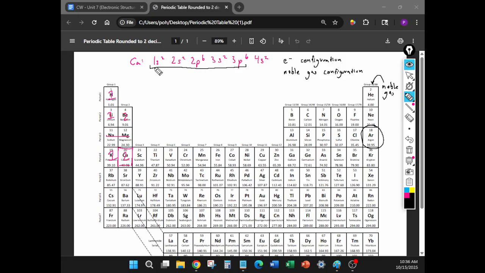So instead of writing all of that, what we can do instead is we just put brackets and write Ar for argon. And the only part that's unique to calcium is the 4s2. So we just write 4s2. Okay, so a lot easier, right? Way less writing. You literally just need to find the noble gas before it and then just count till there.